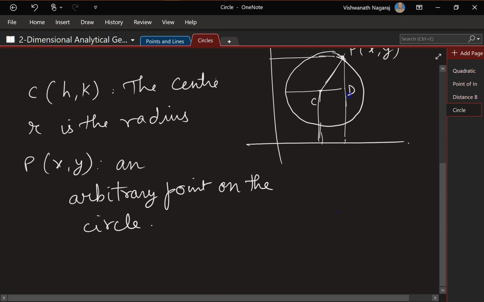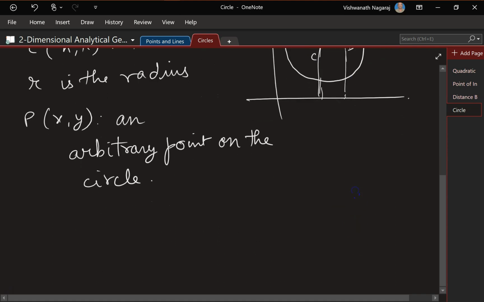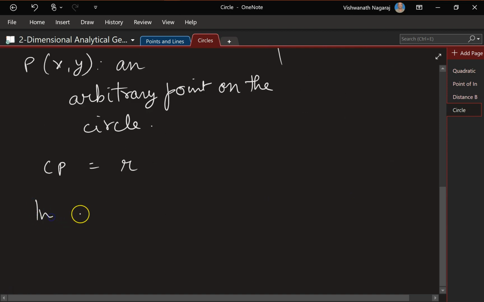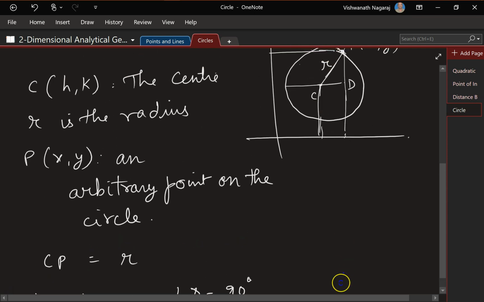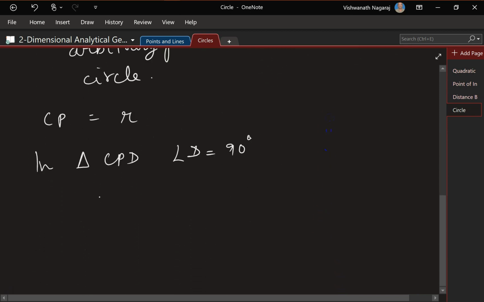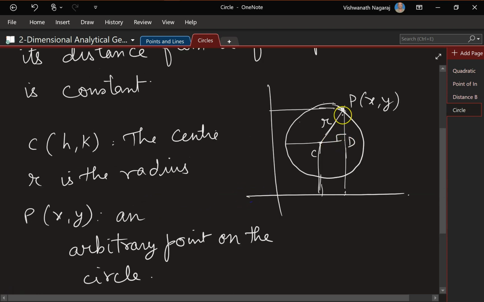Let us say this is D. Now CP is the radius, so let us say this is R. Now in triangle CPD, angle D is 90 degrees. By the Pythagoras theorem, CD square plus PD square is equal to R square.